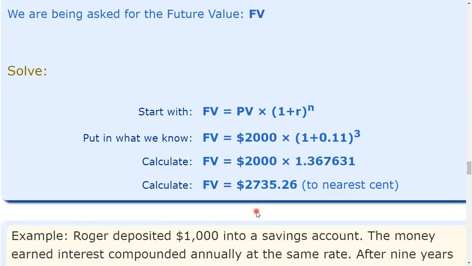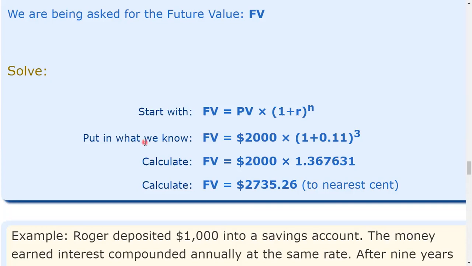The solution is very simple. Start with the formula: the future value is equal to the present value times (1 plus r) raised to the power n.